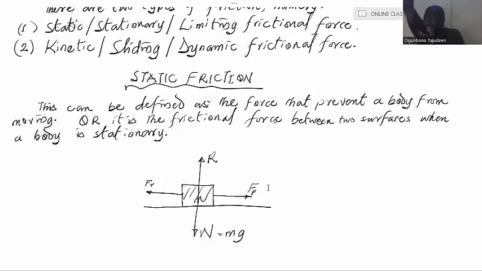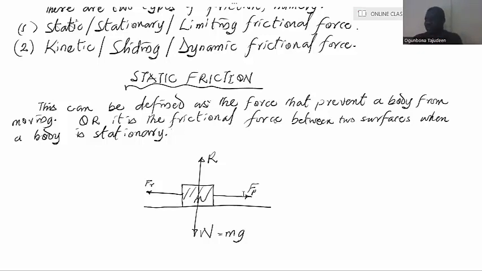Until you get to that level, this pulling force Fp cannot move this body. So why they call it limiting frictional force is because you must get to the maximum level, the limit of the force you can go to.